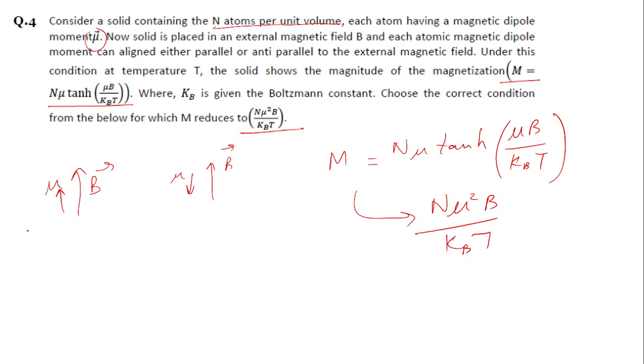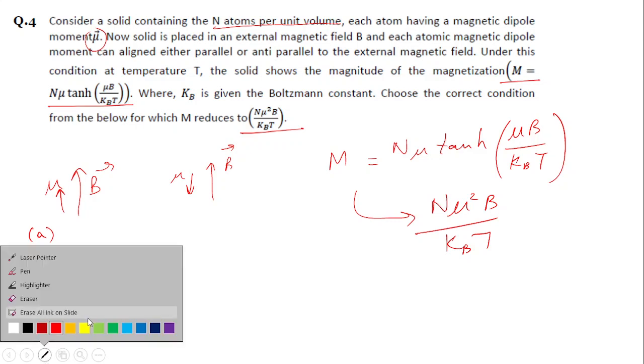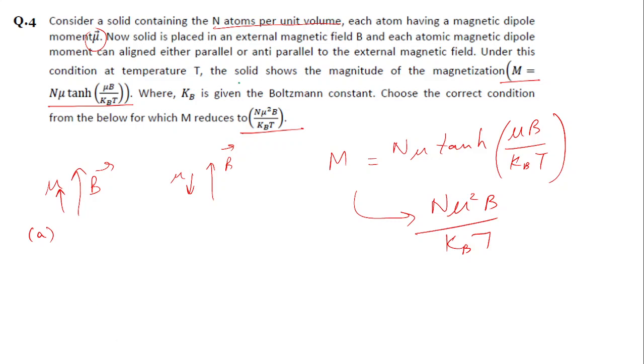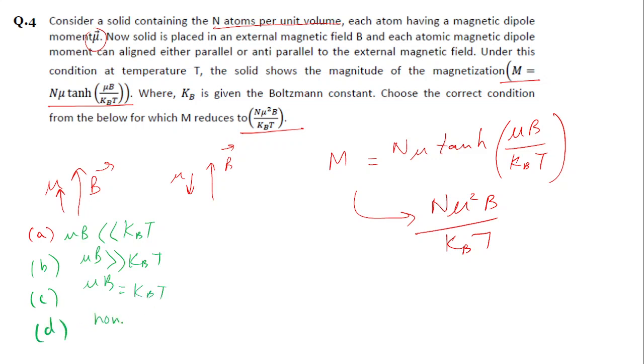The options are: mu B is very small compared to kBT, or it is very large compared to kBT, or it is equal to kBT, or the last one is none of the above.